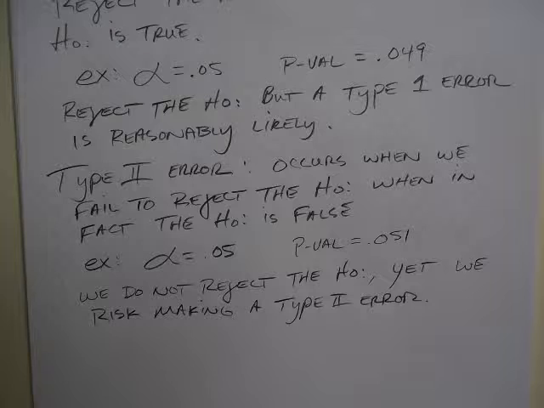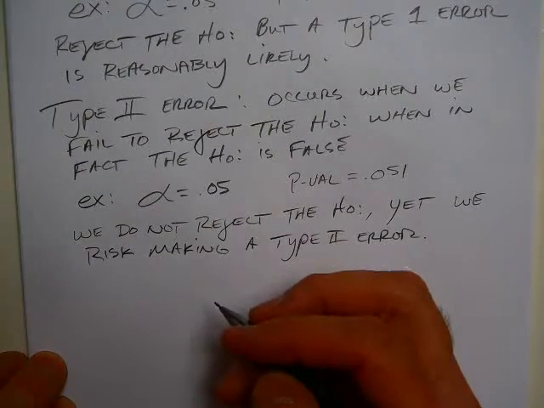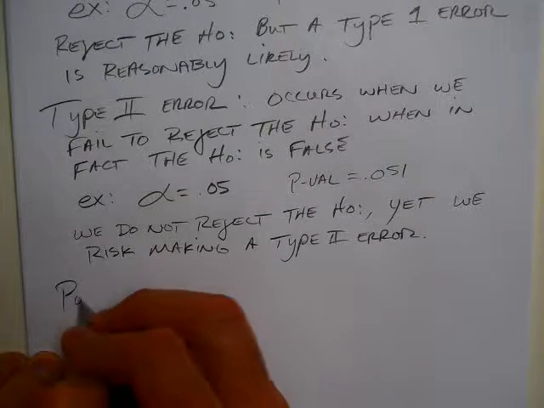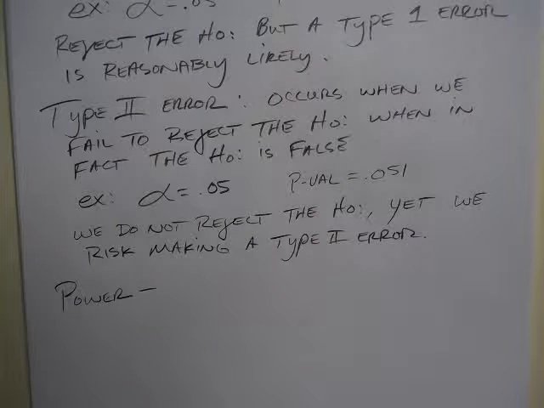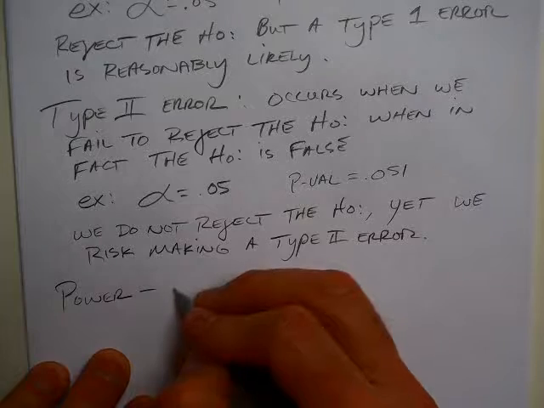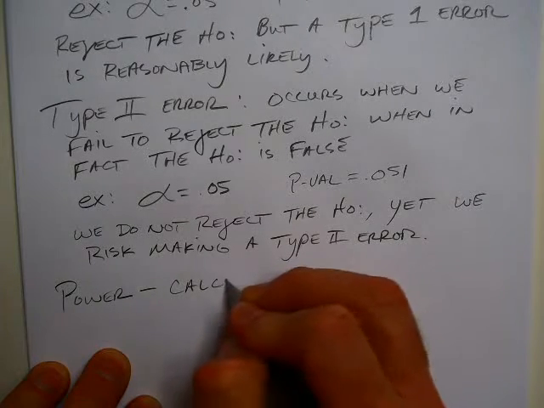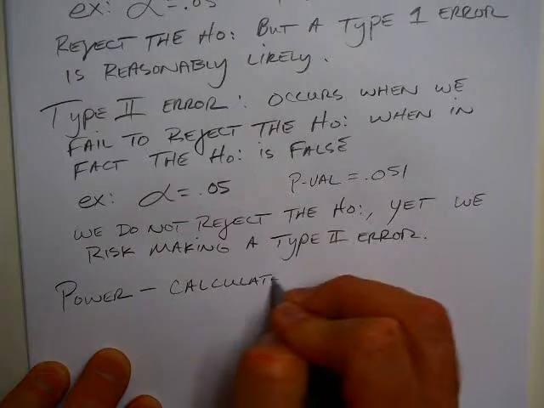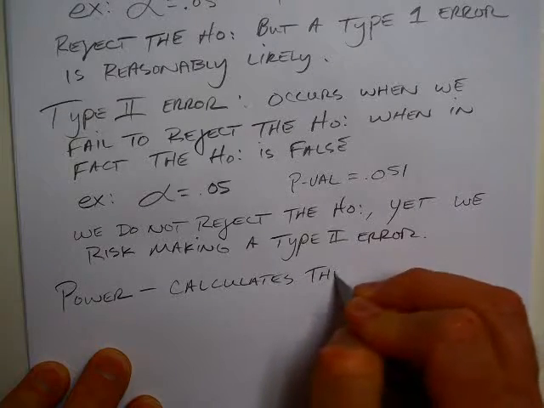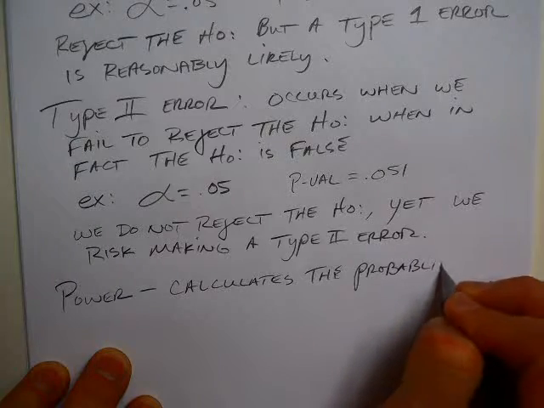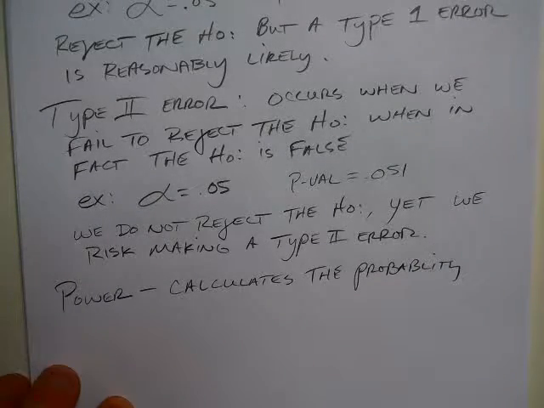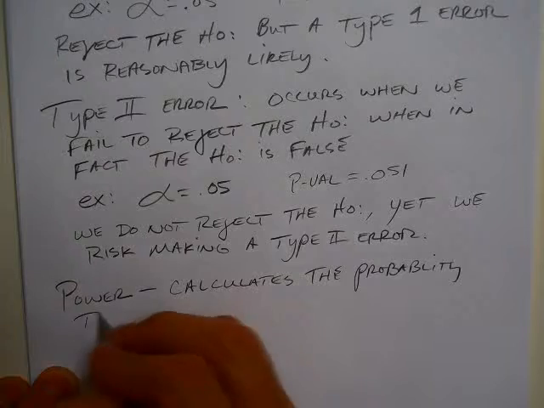Is it a type 1 or a type 2 situation? They'd be looking for you to probably mention that. Power, we just need to know about. Power is a calculation of the probability that an error is made. The probability or likeliness that an error is made.